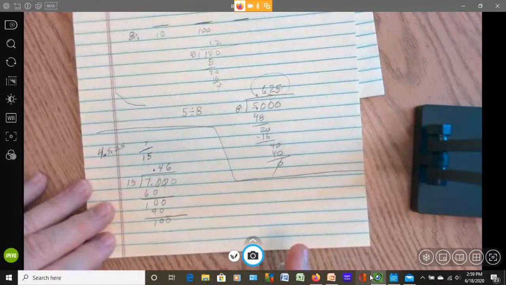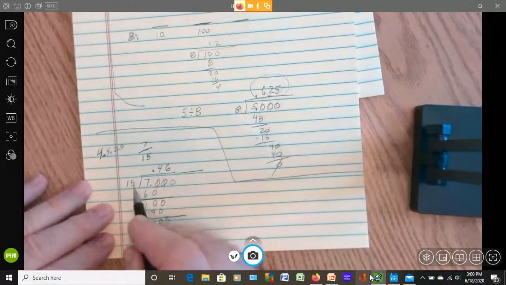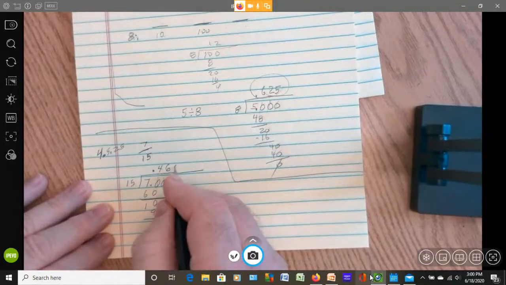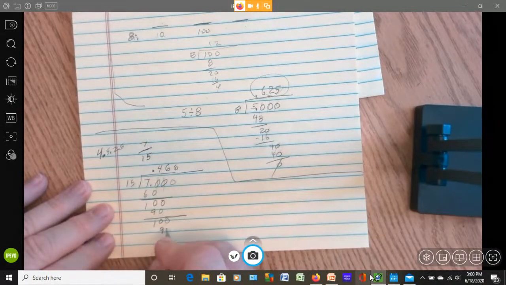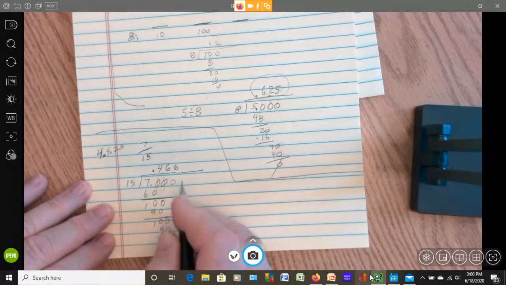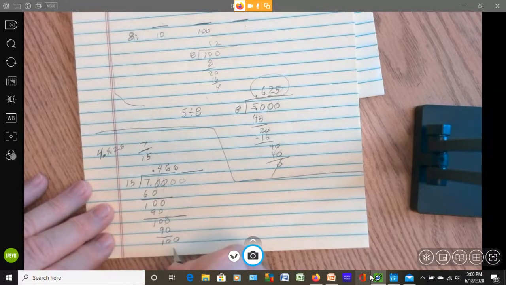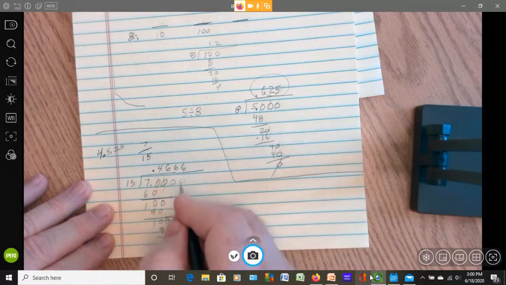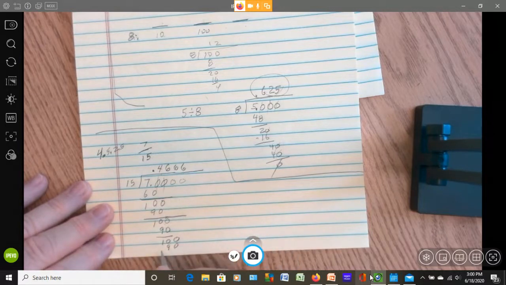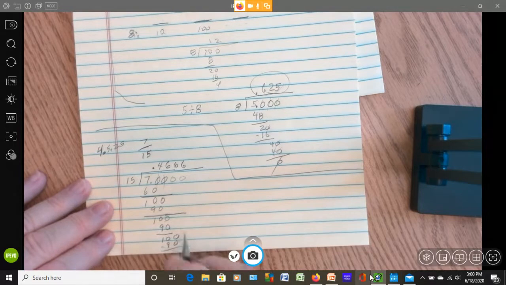Now, do you see what I see? Watch this. How many times will 15 go into 100? 6. 90. Subtract. How many times will 15 go into 100? 6. Okay, so I'm going to stop here because I think you see what's happening to us.